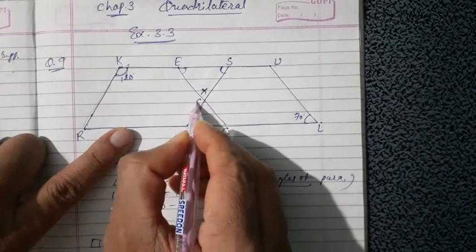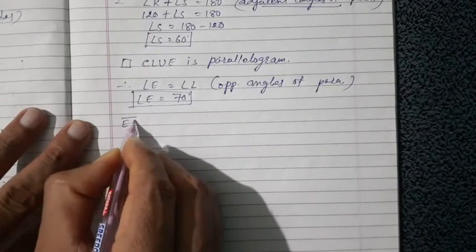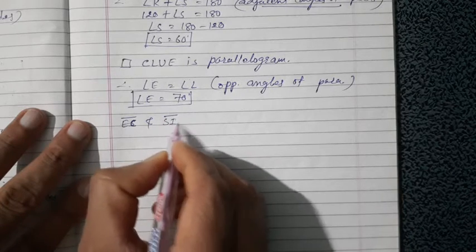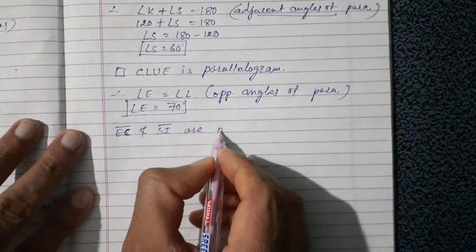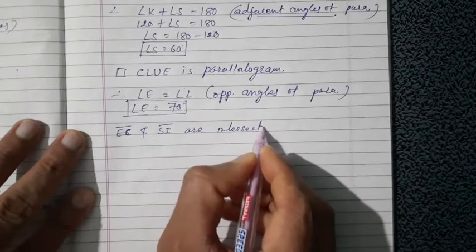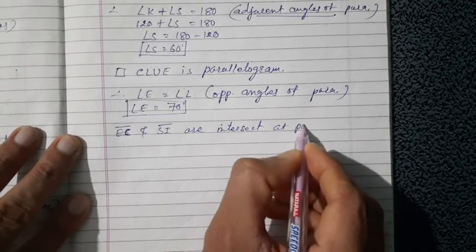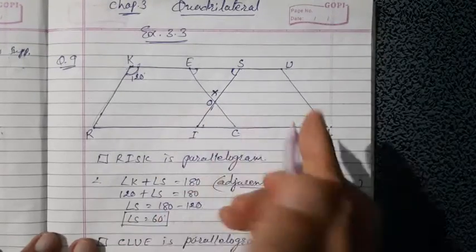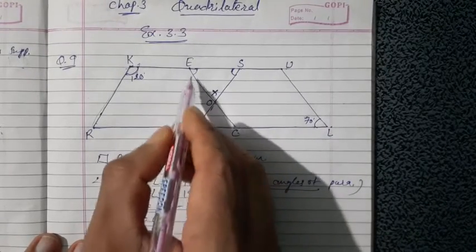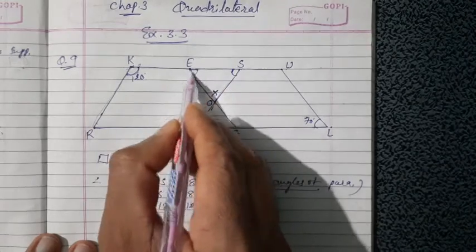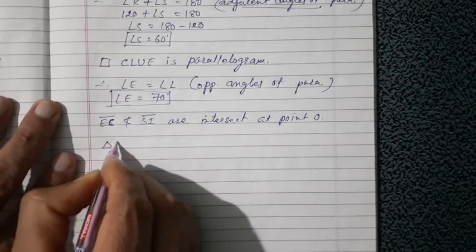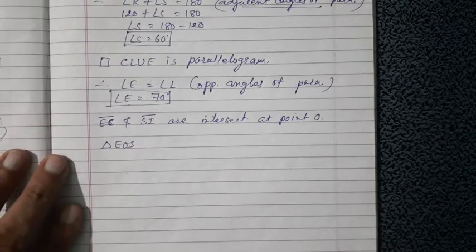Suppose that intersecting point is O. So here we write down, line segment EC and line segment SI intersect at point O. So we have one small triangle here, that is triangle EOS.